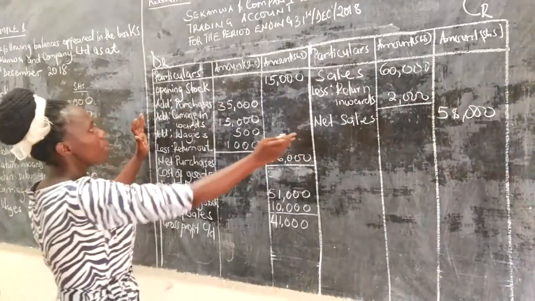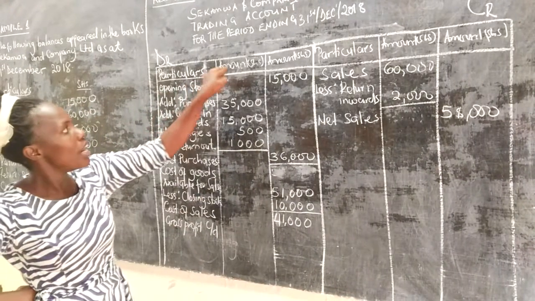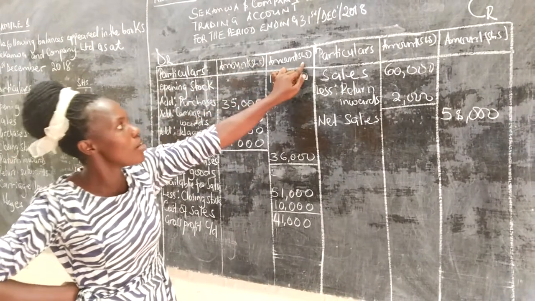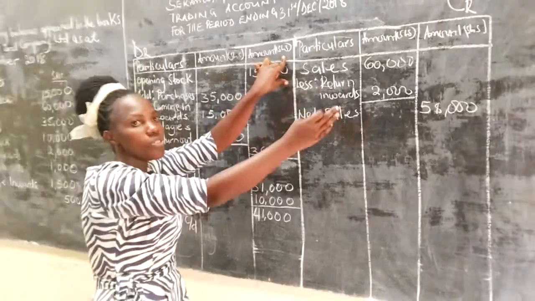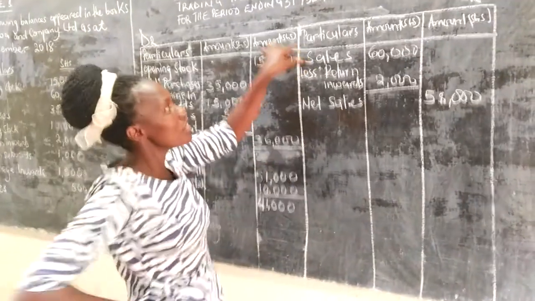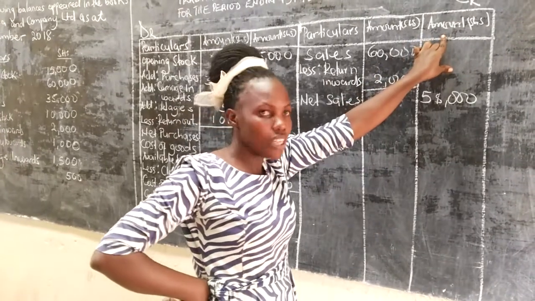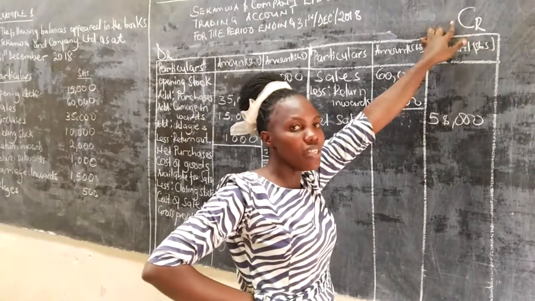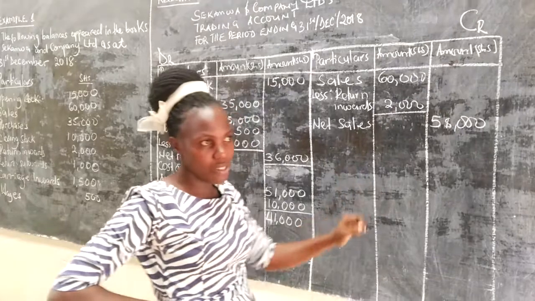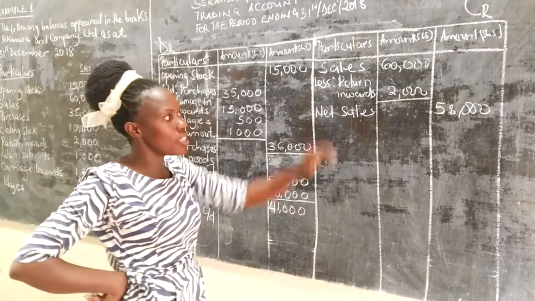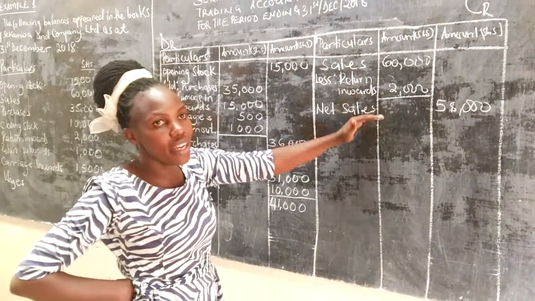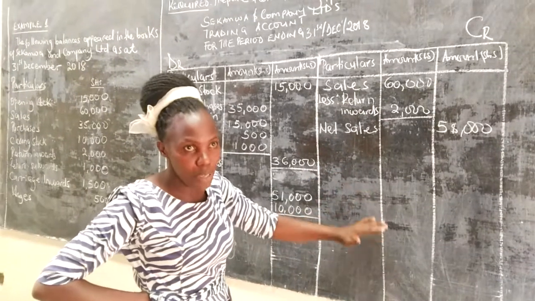That's why on the debit side we have particulars, amount in shillings, amount in shillings. Now we cross to the credit side, which is having particulars, amount in shillings, amount in shillings. The credit side means it is the side of incomes. That is where we record incomes, money that comes into the business.